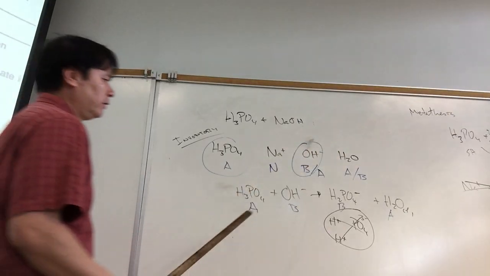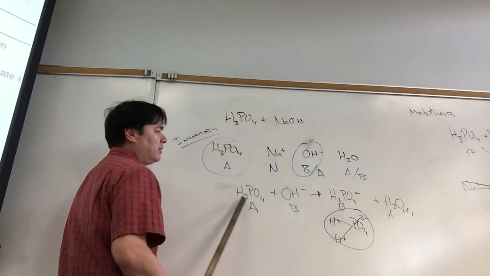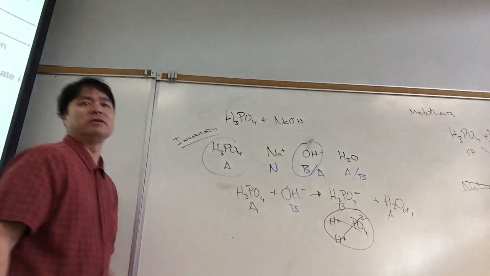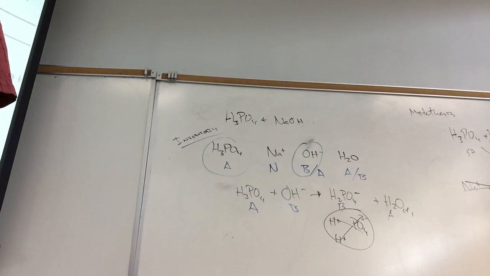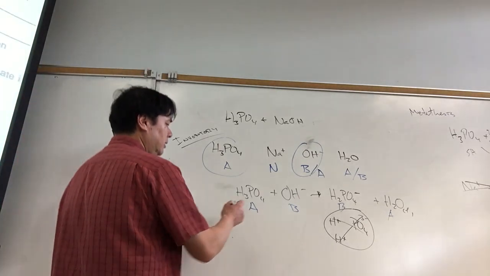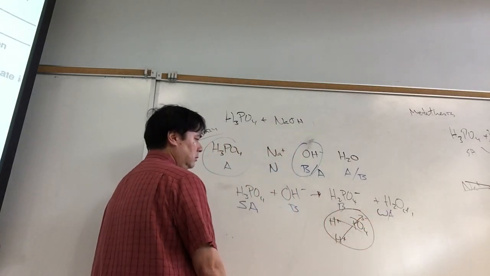All right, now to figure out the driving force, we compare the two acids. Phosphoric acid versus water. Which one's better at neutralizing sodium hydroxide? Or, which one do you think is better at neutralizing base? Is it phosphoric acid or water? Phosphoric acid. And so here we don't really need the chart. We could just use what we know.